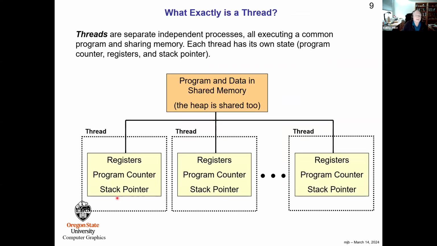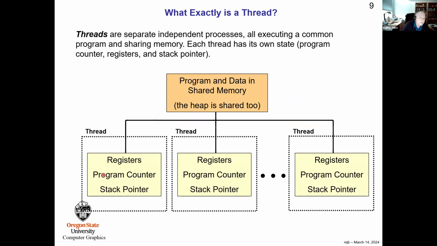Now we have threads. The program and the data in memory are all shared among these threads. The threads are executing the same program, just not in the same place necessarily. One thread may be executing code up here for some reason, another thread may be executing code down there.